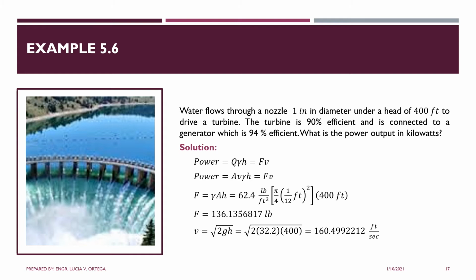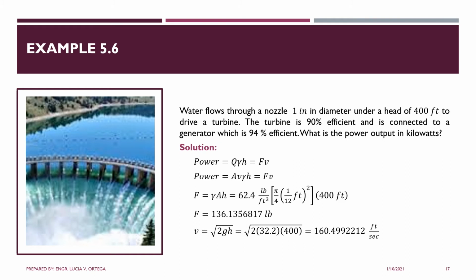Equating Q gamma H with force times velocity, you can cancel velocity. And from the given diameter of the nozzle, you know the area, so you can determine the force on the turbine. Force is gamma A H. The head is 400 feet.